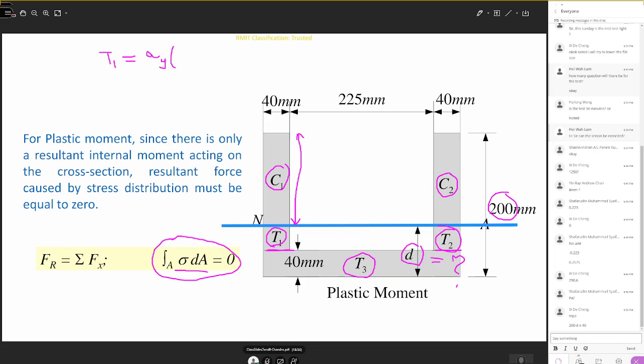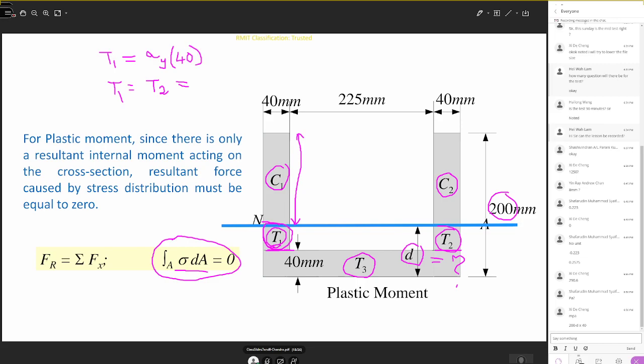Then you can similarly write, so you can see that T1 is equal to T2, right? Based on the dimensions given, you can write T1 is equal to T2. T1 cannot be 40 into that, T1 is only this. Dicheng, I think you need to change your equation. So this will be sigma Y into 40 mm thickness. But what will be this height?